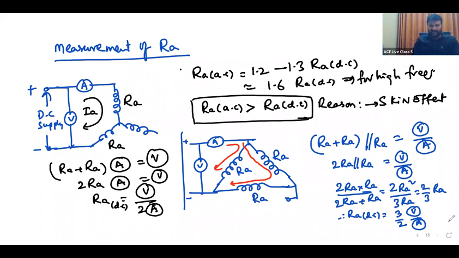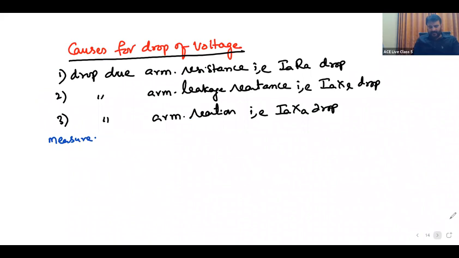Now, all the drops. These are the 3 drops of voltage: drop due to resistance, drop due to leakage reactance and drop due to armature reaction. But the drop due to leakage reactance, IA XL, and the drop due to armature reaction, IA XA, will be in the same phase.